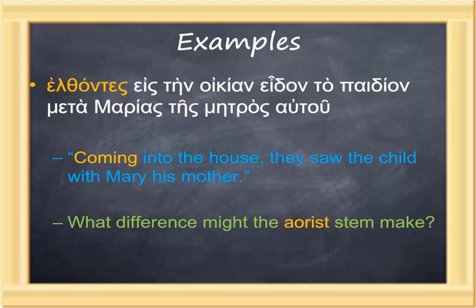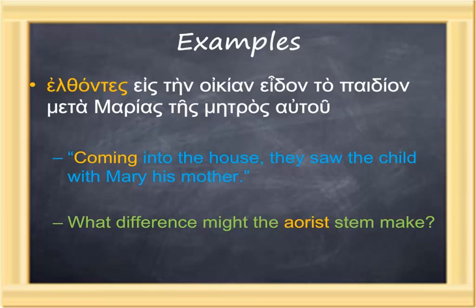Notice the participial ending is added not to a present stem, but to an unaugmented, it's elth, not eelth, aorist stem. And so the question, what difference might the aorist stem make? Probably it means a sequence, namely, after they came into the house, they saw the child with Mary his mother.